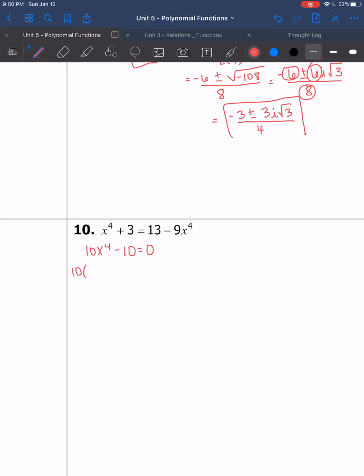I can take out a 10, and then I get x to the 4th minus 1, which is a difference of perfect squares. So I get 10 times (x squared plus 1)(x squared minus 1). X squared plus 1 doesn't factor, but x squared minus 1 does.